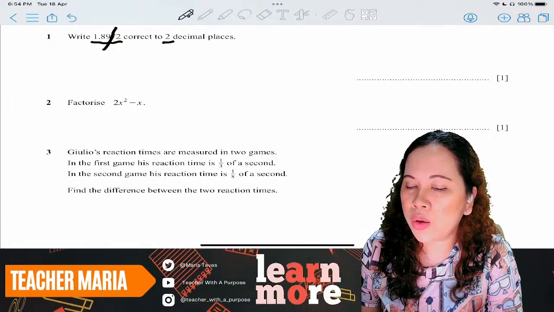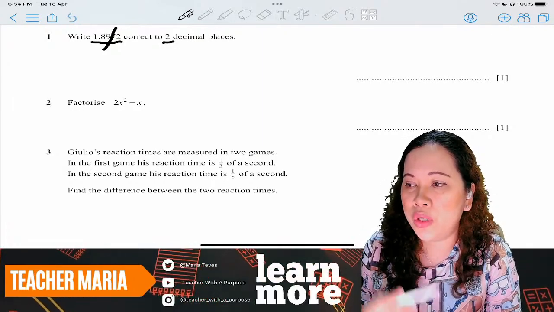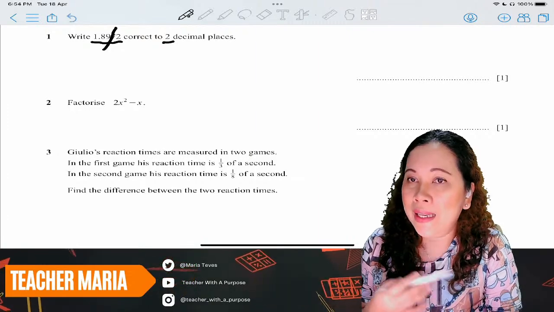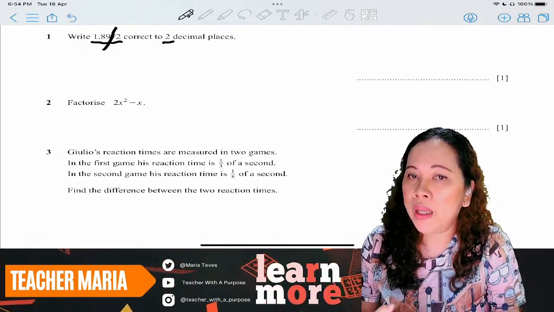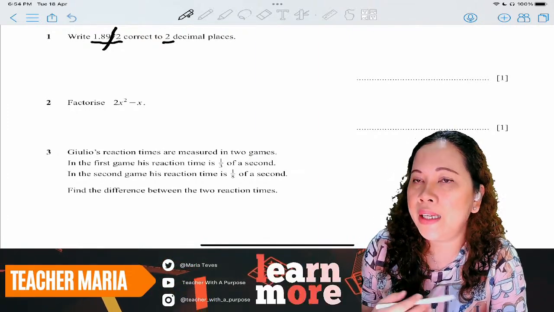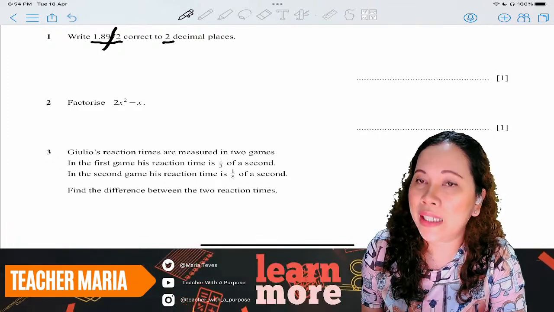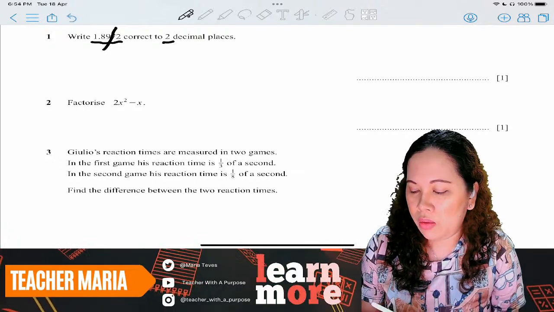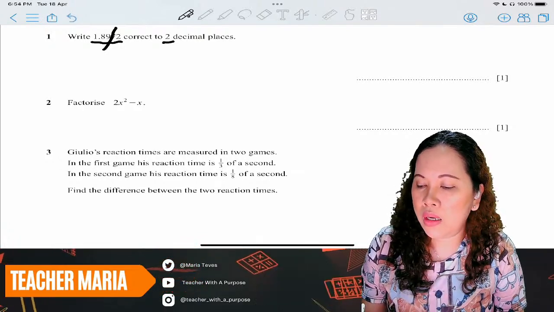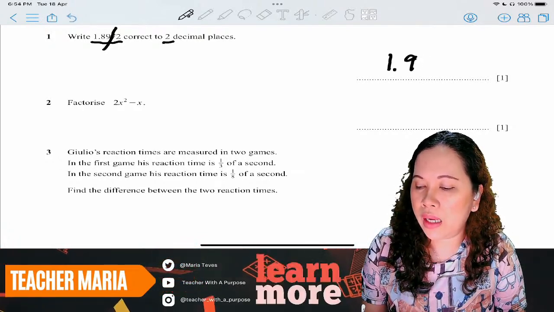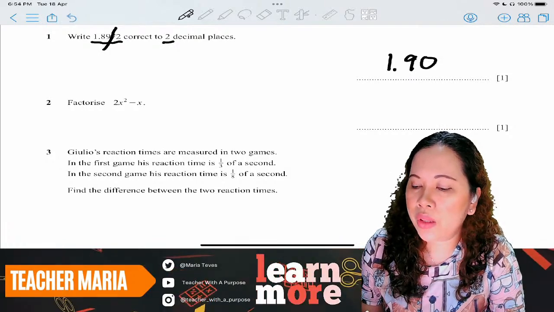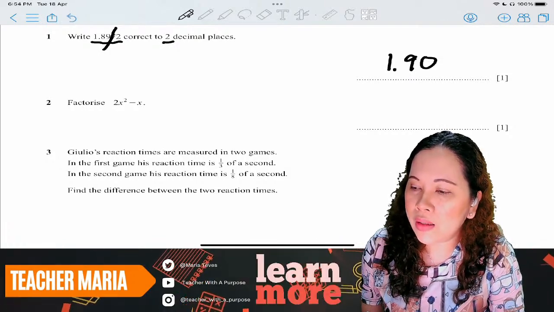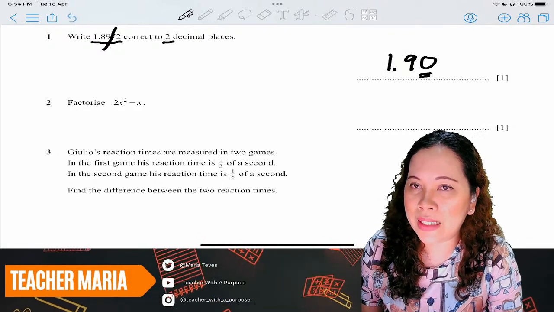However, because the next number after 9 is a 7, when you round it up, the 9 becomes another 10 that will affect the 8. Hence our answer here will be 1.90. So that will be your answer with two decimal places.